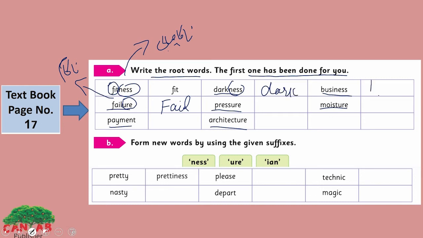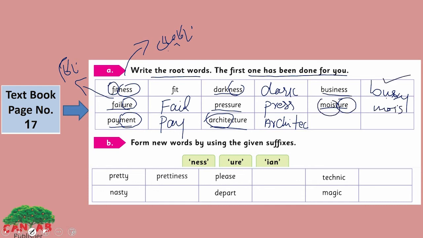Business becomes busy here. So we have to change I into Y here. Pressure becomes press. Payment becomes, if we remove ment here, it will become pay. Architecture becomes architect only. If we remove ure from it, it will become only moist.